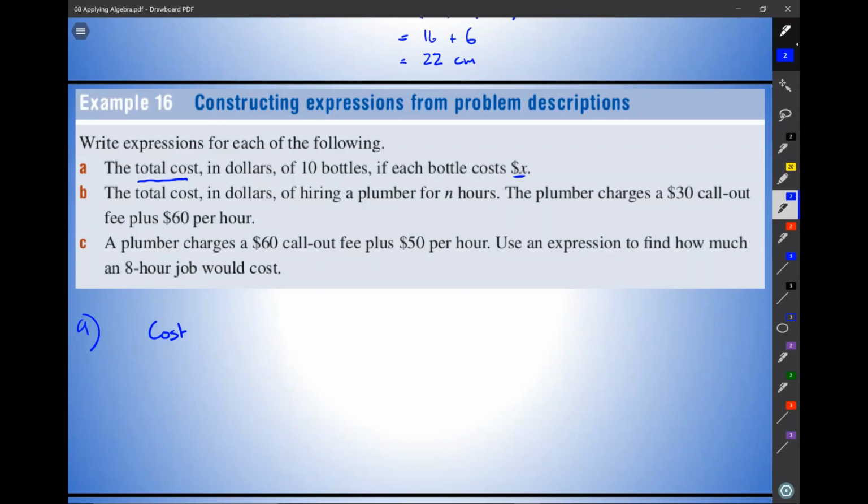So what we could do is we could add up 10 lots of X, but that's going to take a long time. What's another way we can think of that we can write 10 lots of X much more simply than that? We can write 10 times X, or 10X.